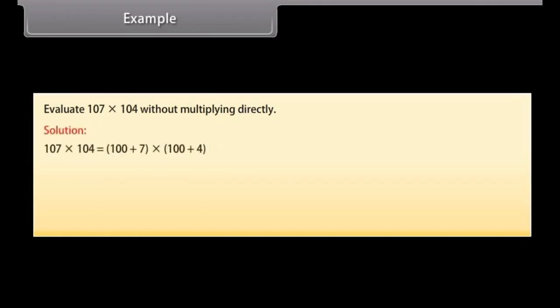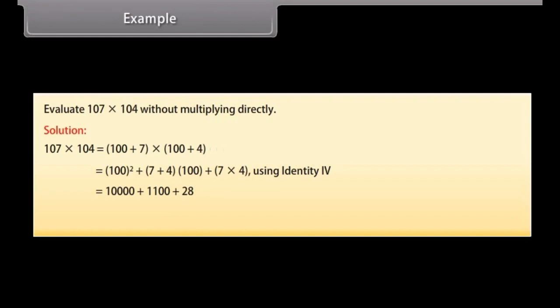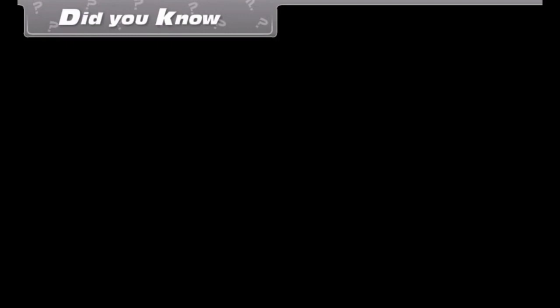Solution. 107 x 104 = (100 + 7)(100 + 4) = 100^2 + (7 + 4) x 100 + 7 x 4 using identity 4, which equals 10,000 + 1,100 + 28, which is equal to 11,128.